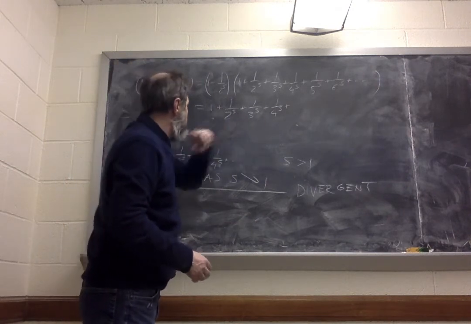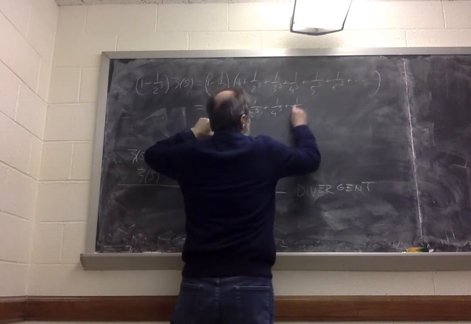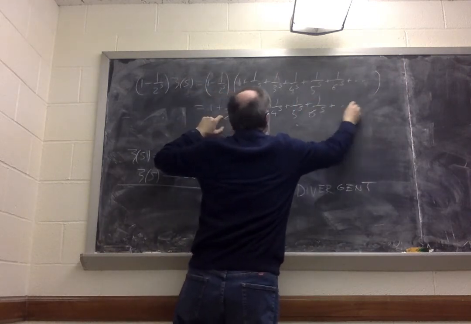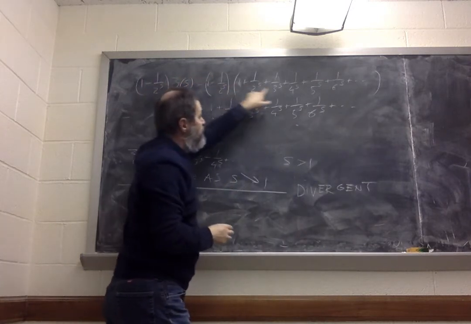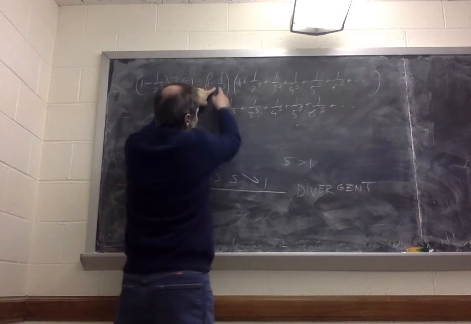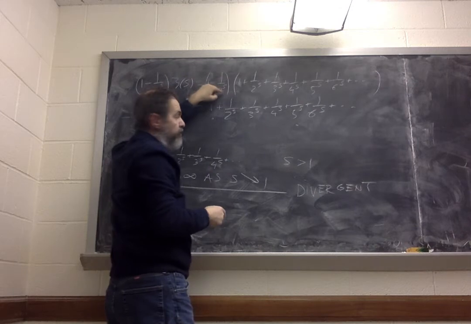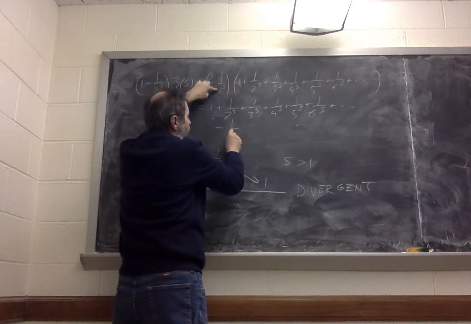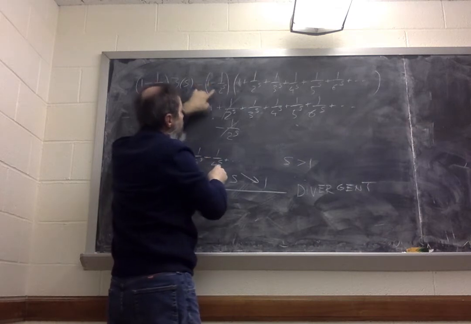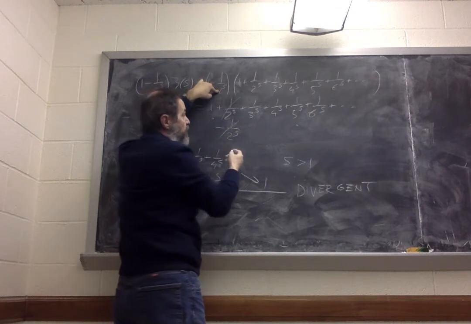But let's see this. 1 plus 1 over 2 to the s plus 1 over 3 to the s, 1 over 4 to the s, and so on. 1 over 5 to the s, 1 over 6 to the s, and so on, when you multiply by 1. Now, when I multiply these numbers by 2, I get, and I have a minus. 1 over 2 to the s times 1 is, 1 times minus 1 over 2 to the s is minus 1 over 2 to the s. I'll just write it under this, because I want to cancel this in a moment. Then I have this times the other one is 1 over 2 to the s times 1 over 2 to the s is 1 over 4 to the s.